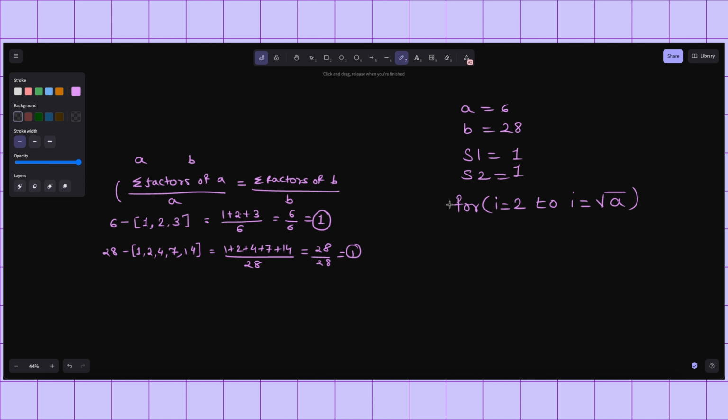We will have to write a loop for each individually. So we can directly check if A divided by the given number I is 0 or not, meaning I is a factor. So we can add S1 equal to S1 plus the given number I plus A by I.